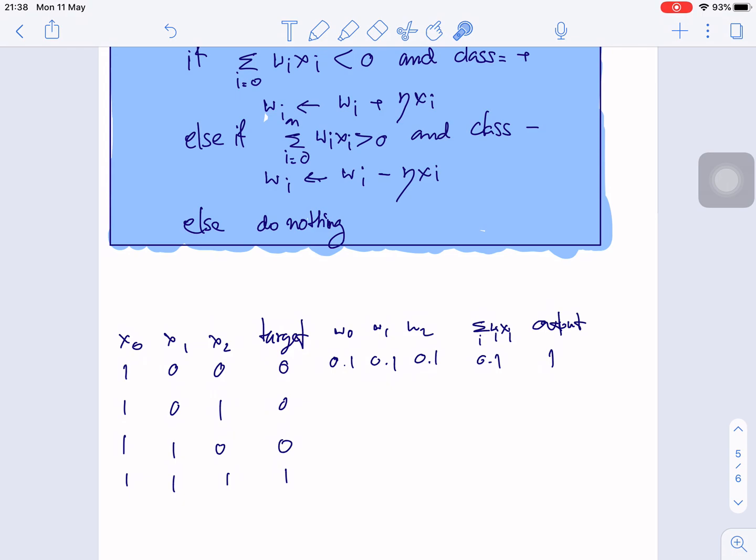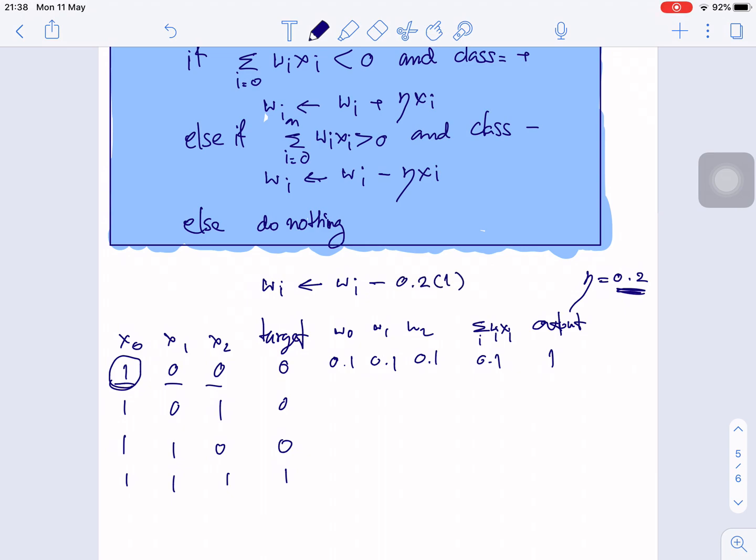So for example, if the learning rate eta is 0.2, you have to multiply 0.2 with all x here. If x is 0, you cannot adjust the weight w. But in the case that you can adjust, learning rate 0.2 times 1. So wi is wi minus 0.2 times xi.